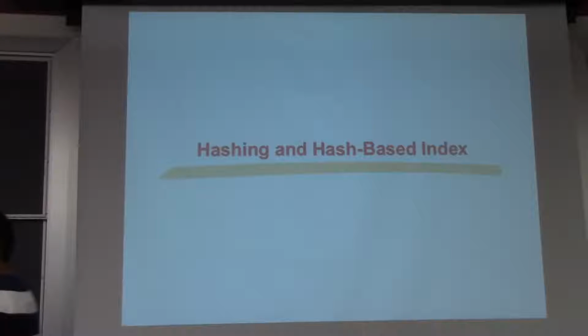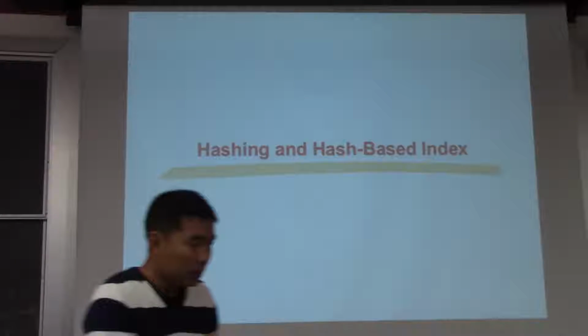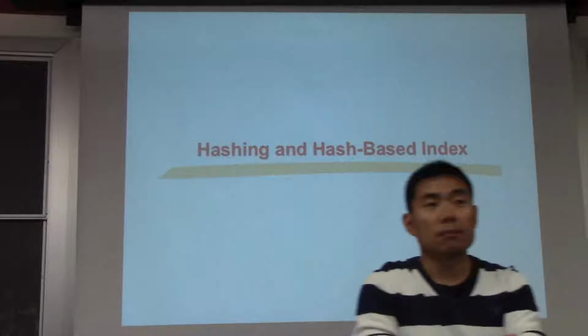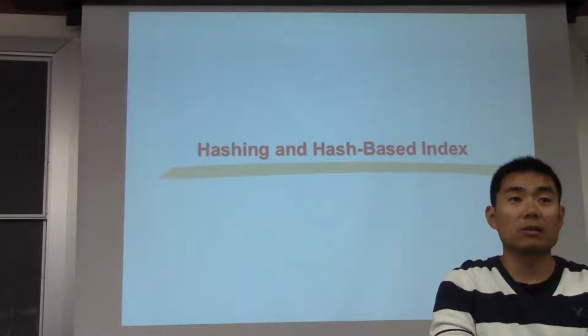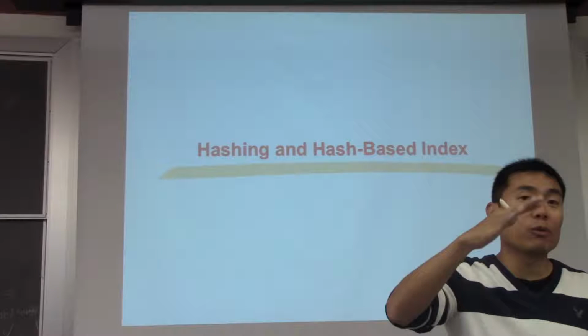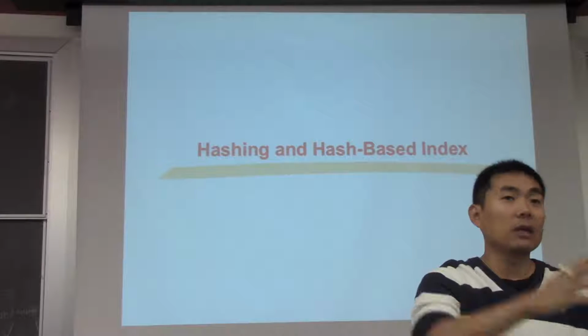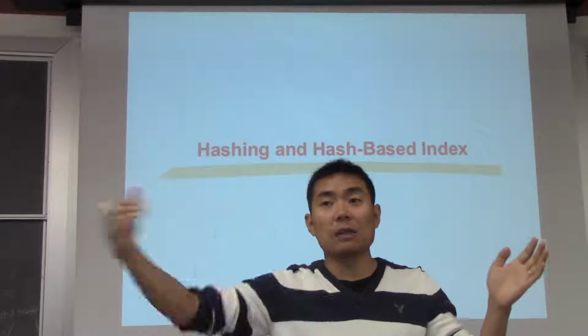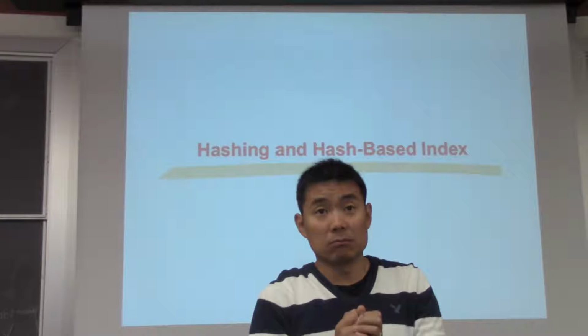So now let's look at hash index in some further detail: hashing and hash index. We talked about hash index briefly, but the hash index we introduced is static hashing, meaning that you initially allocate a number of buckets, you have a hash function, and when a search key value comes in, you allocate the entry to the corresponding bucket. When a bucket is full, you just allocate overflow pages to that bucket.